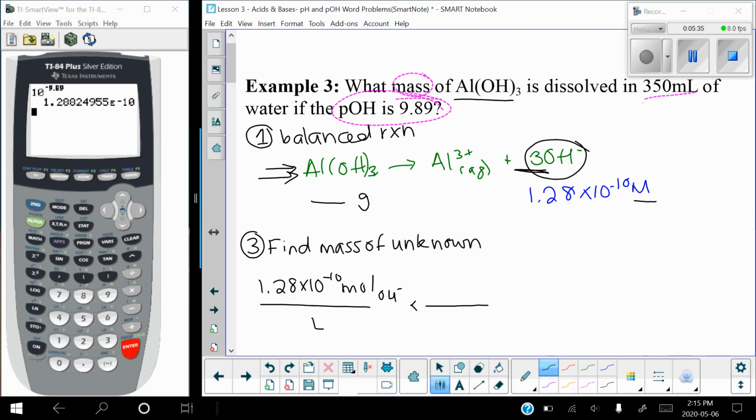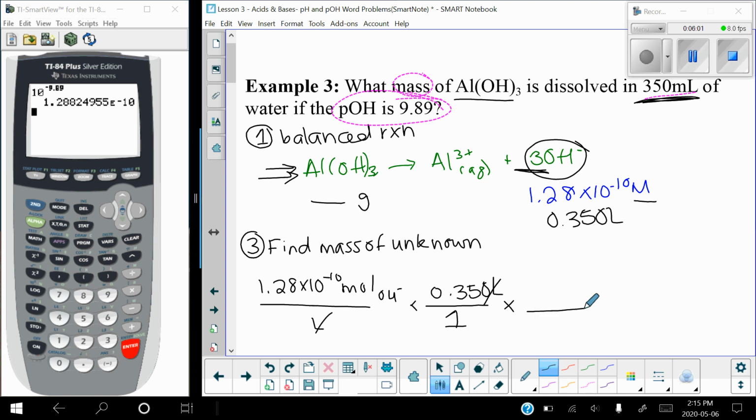And the way that we do that is by using our 350 milliliters, which is the same as saying that we have 0.350 liters. The way I got that number is dividing our milliliters by 1,000. So I multiply by 0.350 liters. Liters cancels out. Now I have moles of hydroxide.